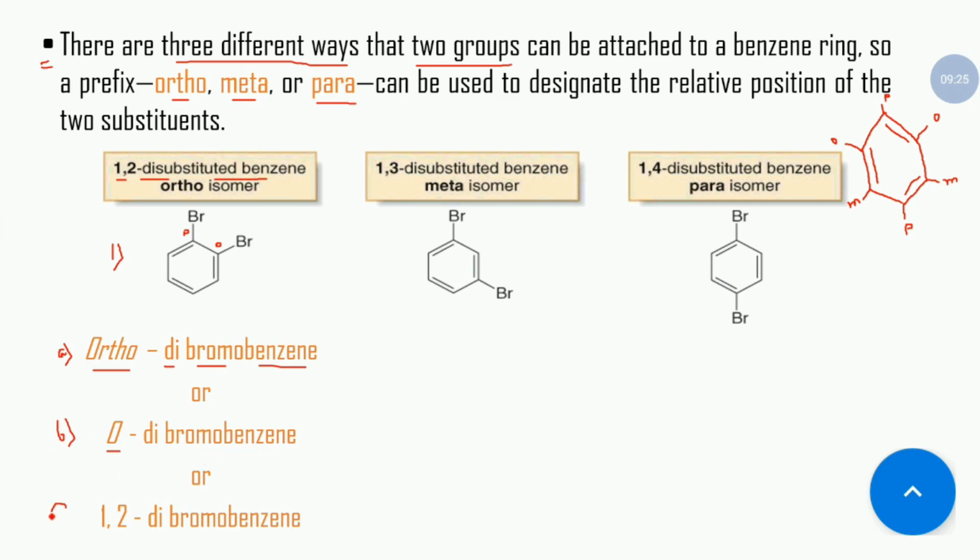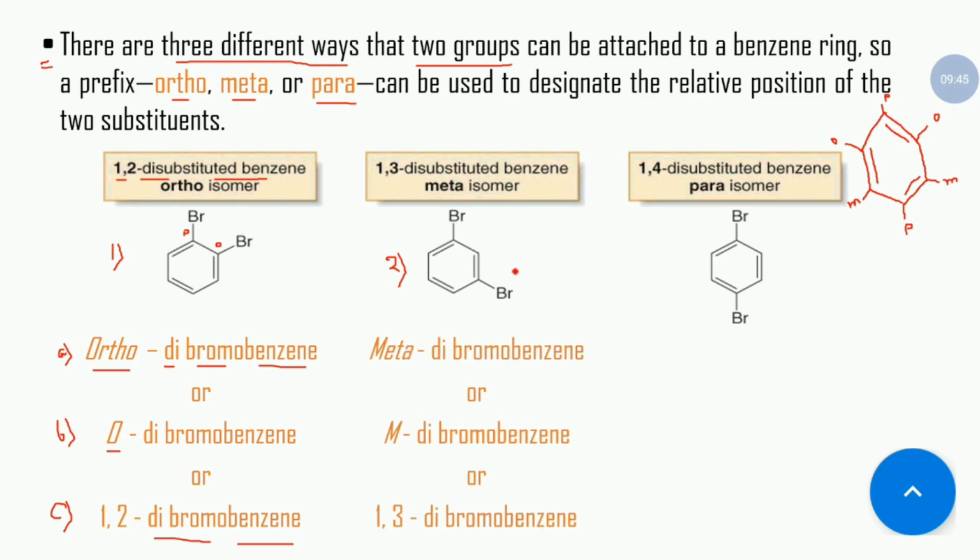And the third way: instead of ortho, meta, para, you just number the positions of your substituents, like 1,2, and after that the same thing, dibromobenzene. Okay, now we'll go for compound number 2. In compound number 2 you find that it is a meta position, ortho position is blank.